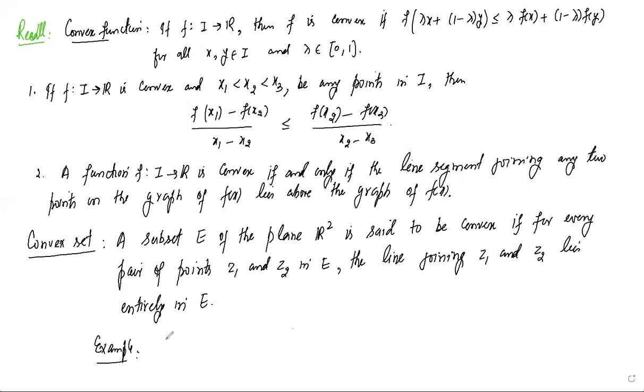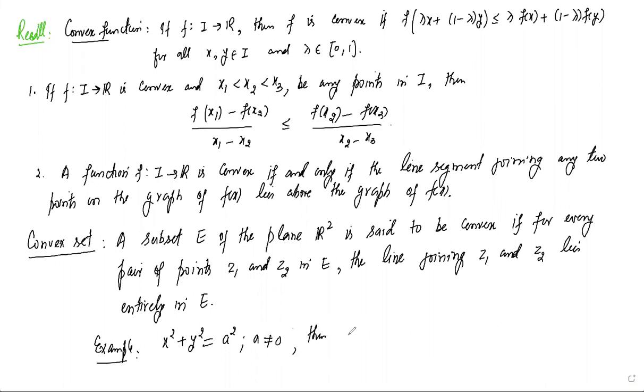For example, we can take the circle x square plus y square is equal to a square, where a is any non-zero number. Then this set is convex.